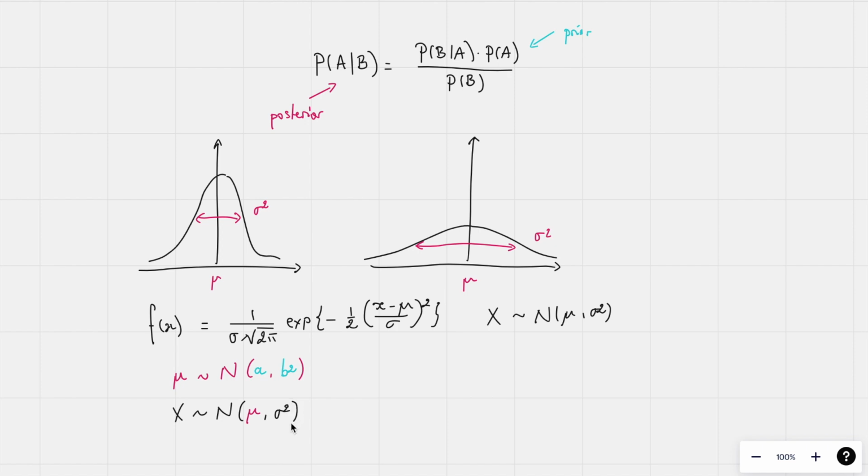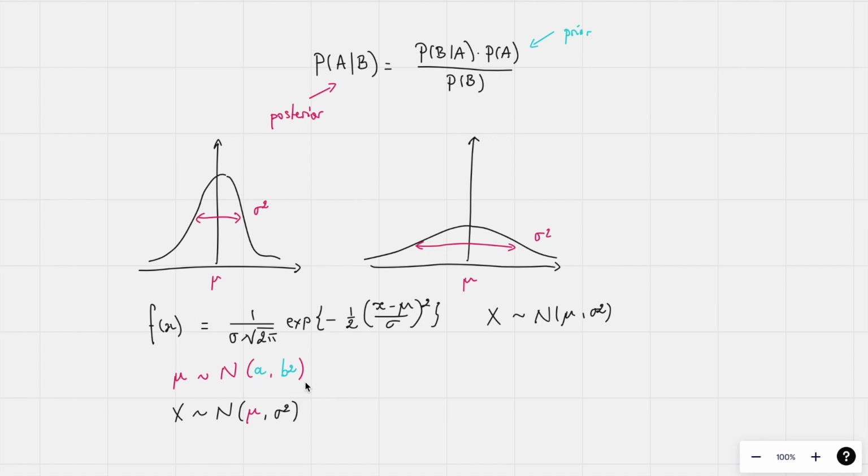We have no doubt about the value of sigma, but mu itself is a random variable. So mu cannot be known because it has some random variation. All we know about mu is that it has an expected value of a, which is known, and a standard deviation of b, which is also known. But the value of mu, we do not know.